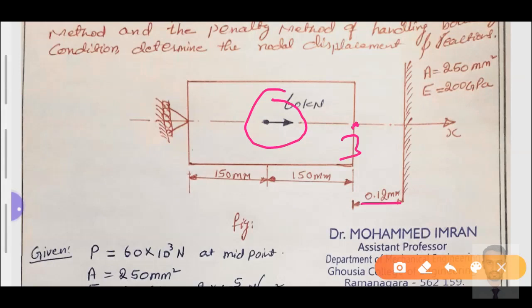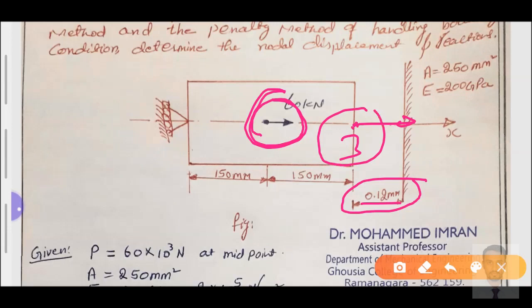from node number 3 towards this wall only a fixed displacement, that equals 0.12 millimeter. After that, the displacement which occurs in the element is only at node number 2, not at node number 3.